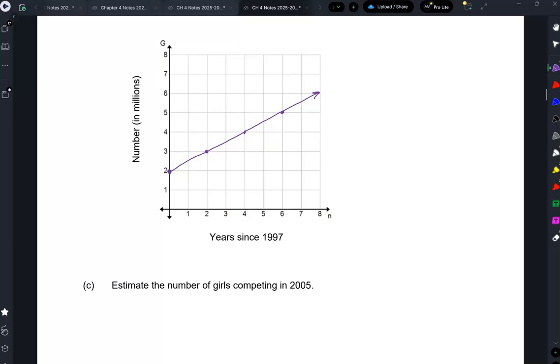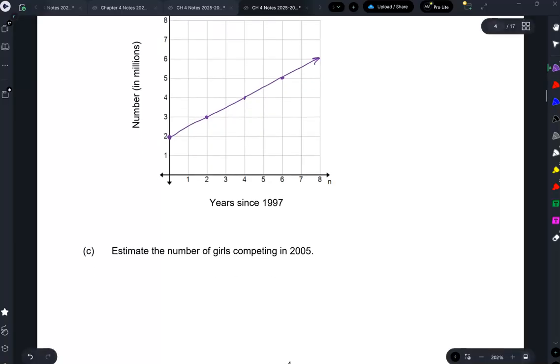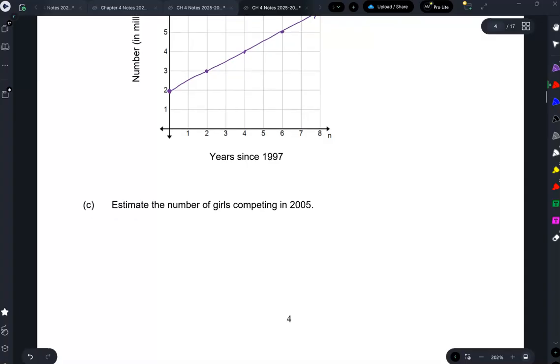Estimate the number of girls competing in 2005. Well, where is 2005? How many years have passed? 8, right? From 1997 to 2005, that's 8 years. So x is 8.